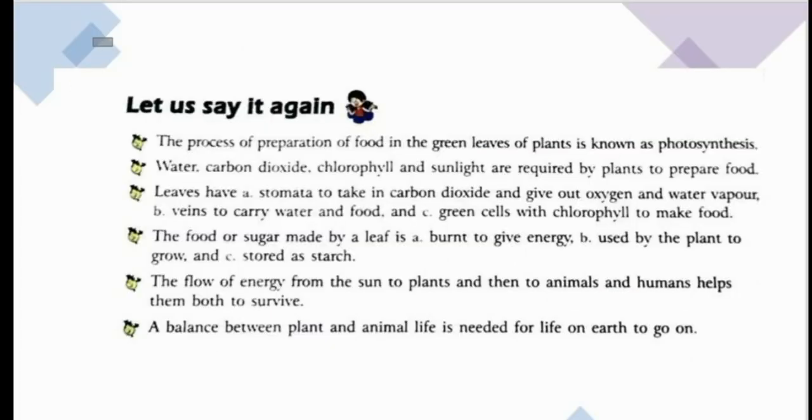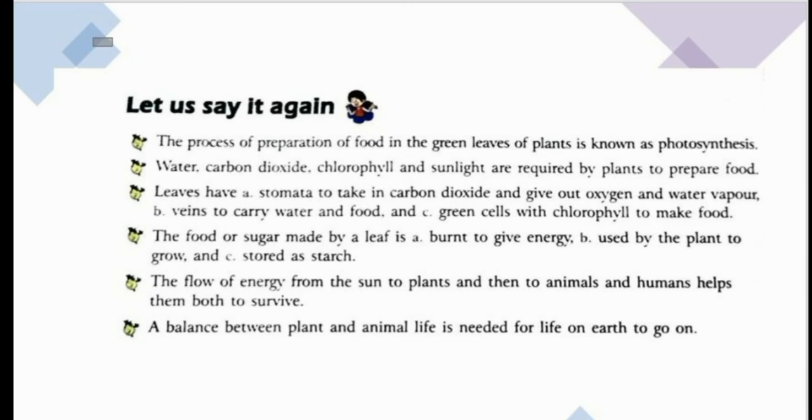This was the last topic. Let's see what all things we have studied today. The process of preparation of food in the green leaves of plants is called photosynthesis. Yes, this is the process by which plants make their own food. And what all things do they need to prepare food? They need water, carbon dioxide, chlorophyll and sunlight.